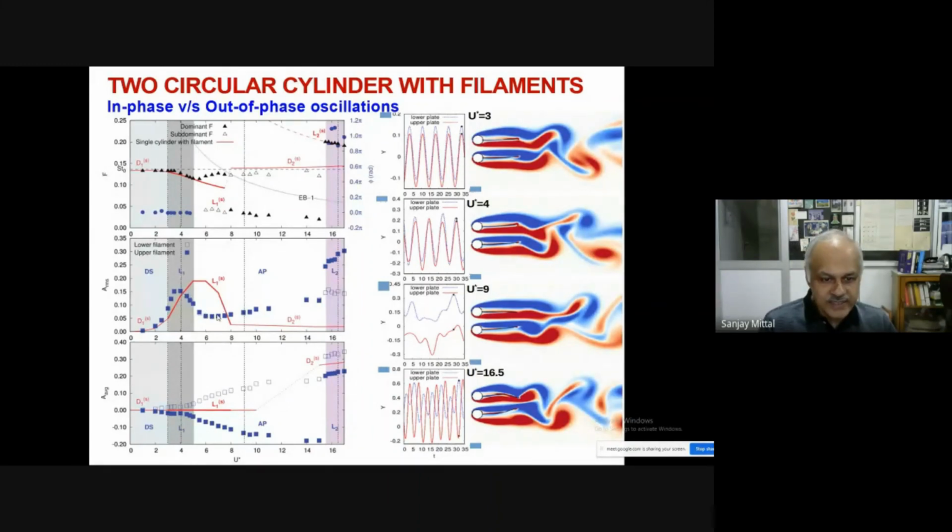So qualitatively they are similar, at least at low U star, but at larger U star they are different. And you can see these very interesting flow patterns. There's also a bias now which comes in as expected, because these filaments will allow the flow to go in between, and they will have some average deformation.